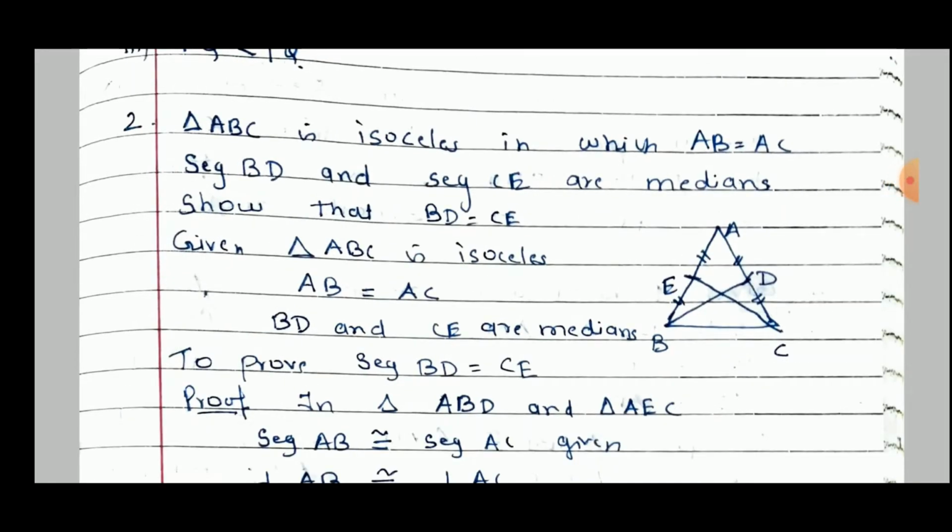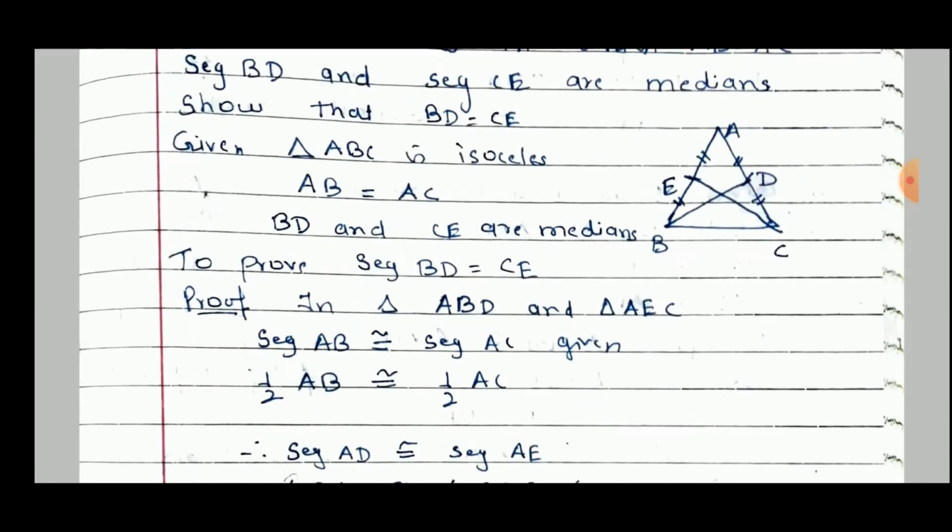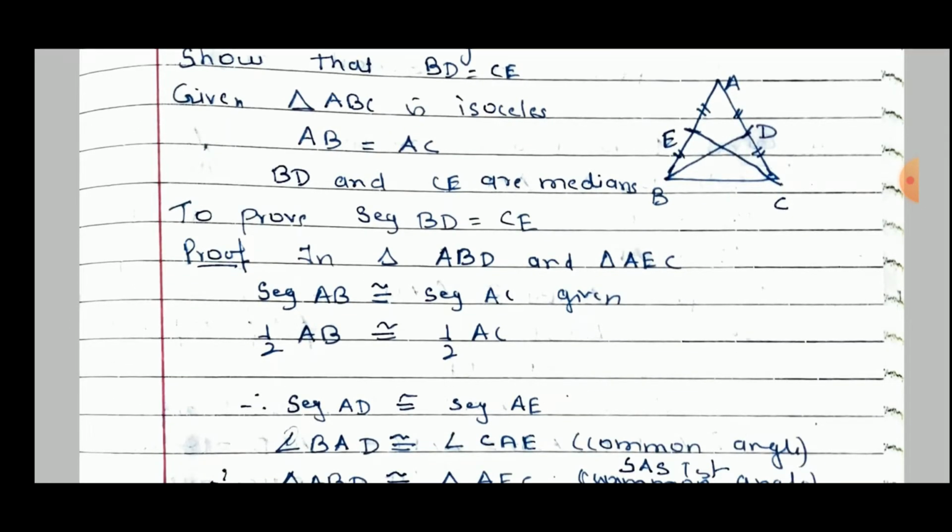In triangle ABD and triangle AEC, here segment AB is congruent to segment AC. Half of AB is equal to half of AC. So therefore segment AD equal to segment AE. Angle BAD is congruent to angle CAE, common angle.